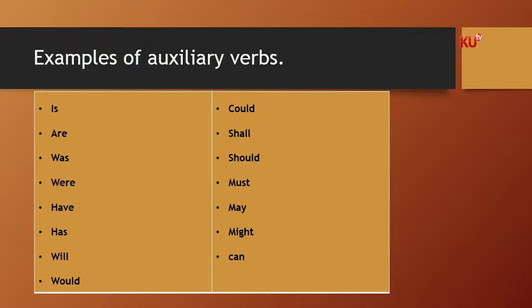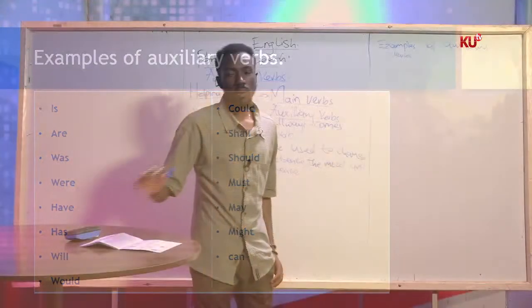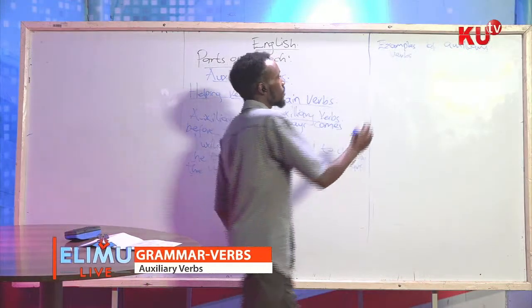All the forms of be can be categorized as auxiliary verbs. We also have might, may, must, should, shall, could, would, will, has, have, were, was, are, and is. So those are some of the examples of auxiliary verbs.